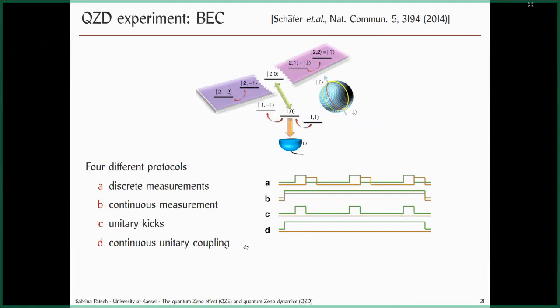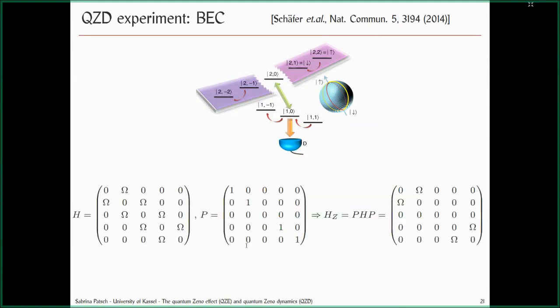They tested all 4 different cases in the experiment. But before, I want to give you a very short example of a Zeno Hamiltonian, because the system is so easy. On the left side, this is the driving Hamiltonian. We have some Rabi oscillation given by Rabi frequencies omega, and we have a drive between the 5 different states. So this matrix is 5-dimensional, and you drive transitions between neighboring states. This should not be too complicated.